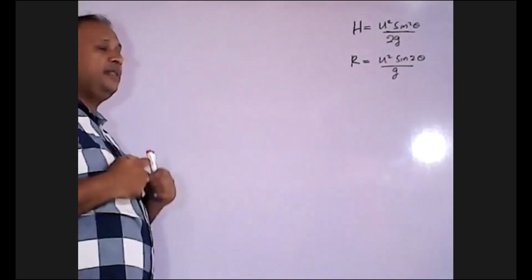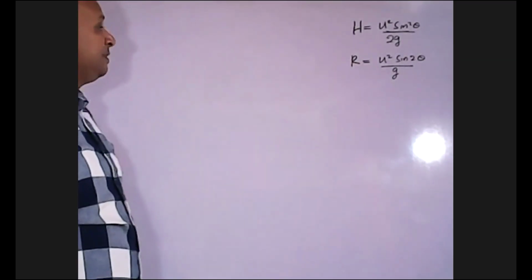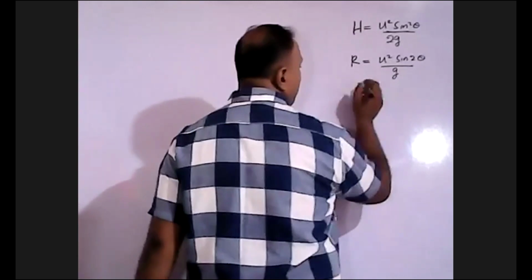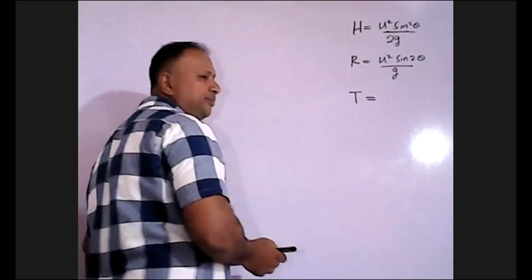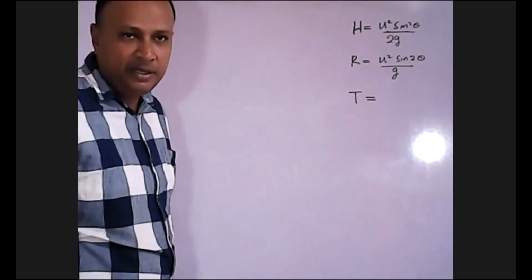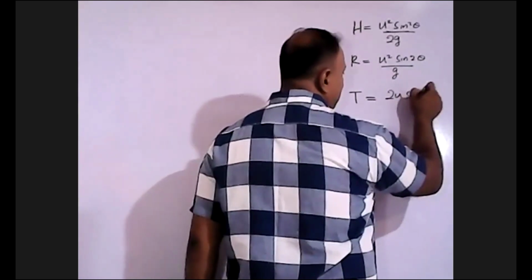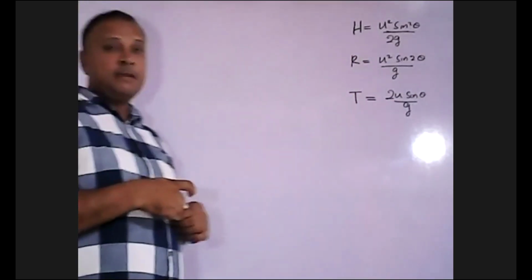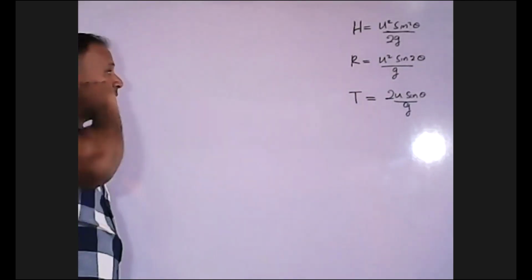Then the time of flight, the total time, is given by 2u sin theta over g. Those are the important points you have to remember.